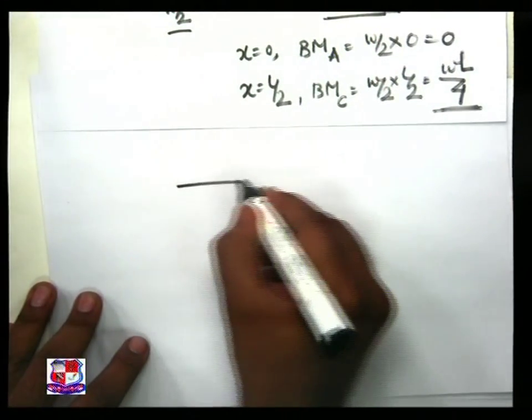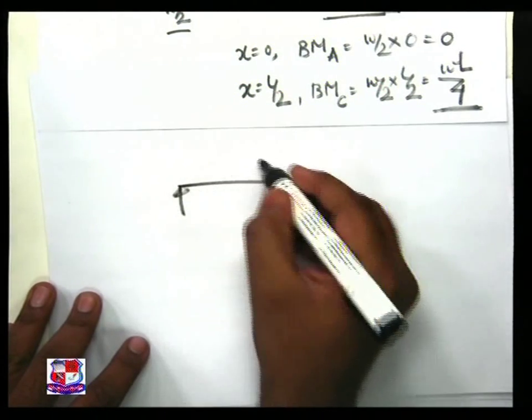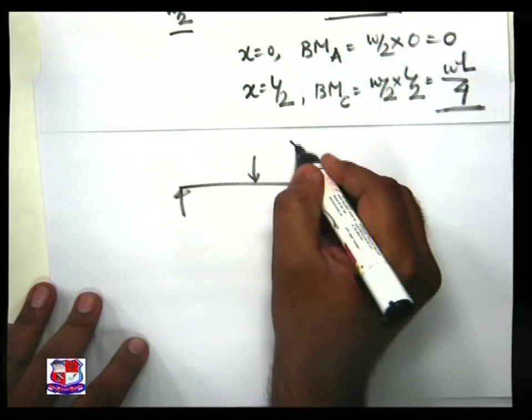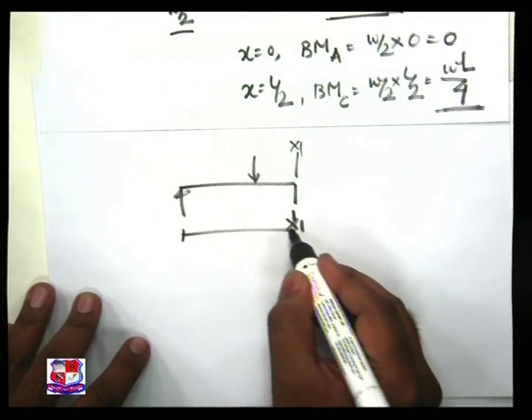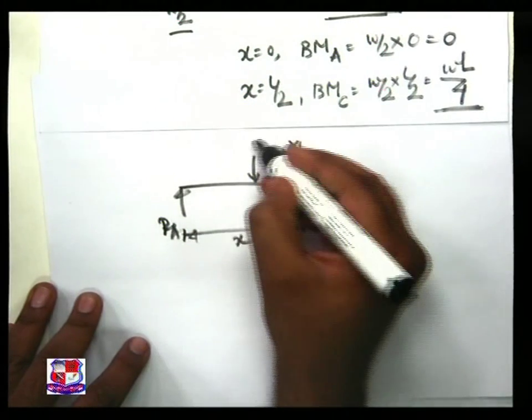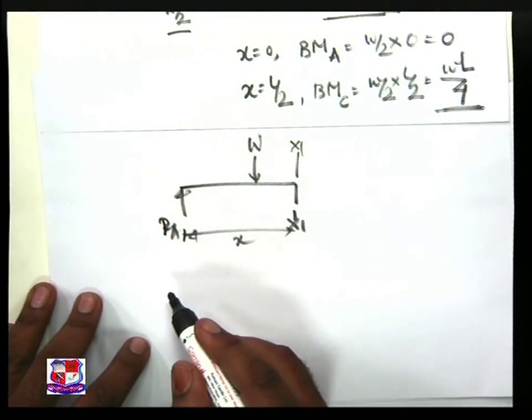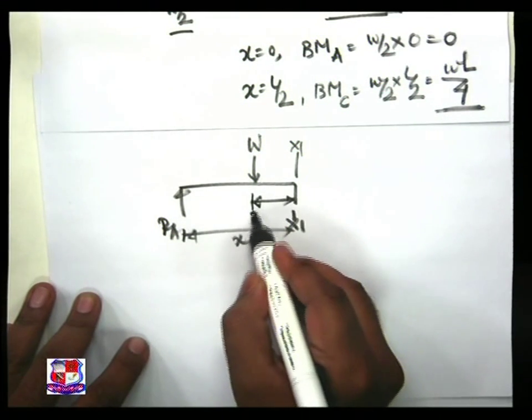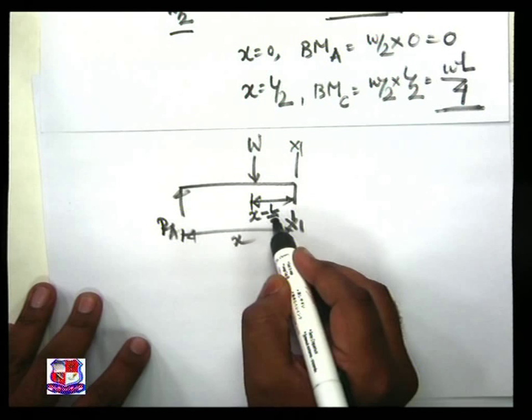Let us draw the free body diagram. The x1 x1 section is at distance x; this is RA, this is W, and this distance is x minus L by 2.